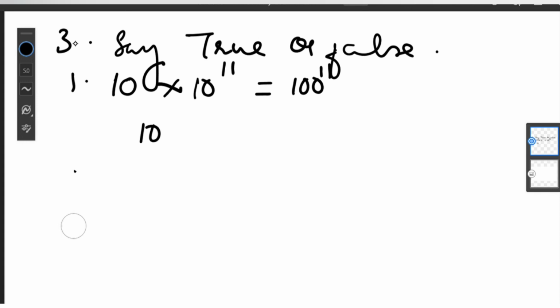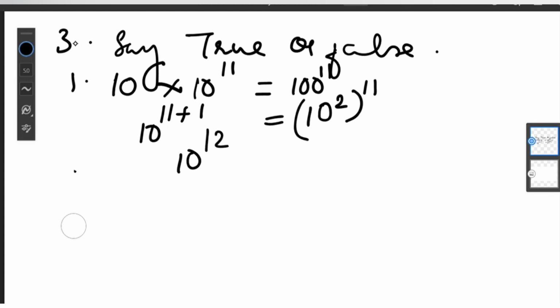So 10 multiplied by 10 to the power 11. Simply writing 10 means 10 to the power 1. a raised to m into a raised to n is equal to a raised to m plus n. So 11 plus 1 is 12. Now 100, how can we write it? 100 is actually 10 square. 10 square whole raised to 11 is 10 to the power 22.